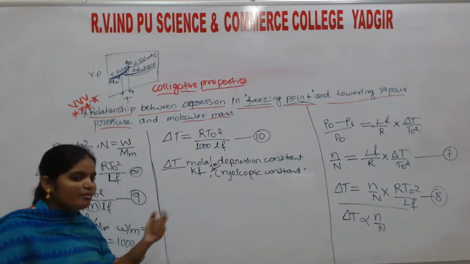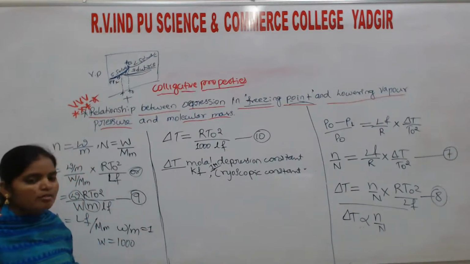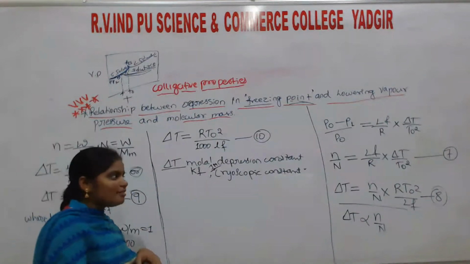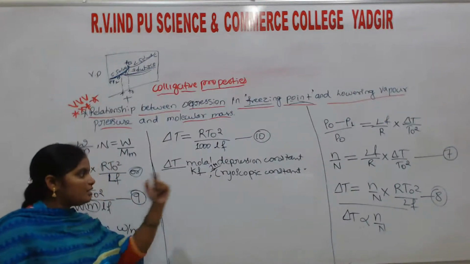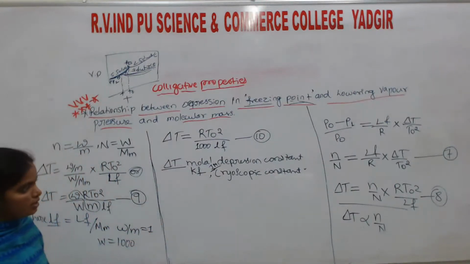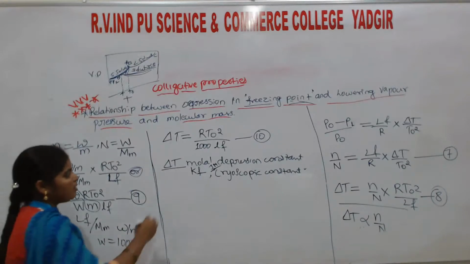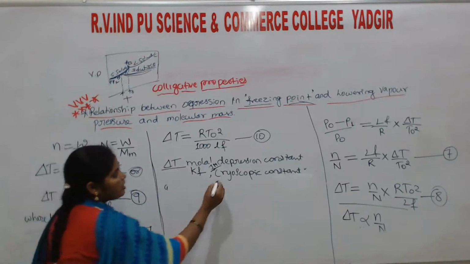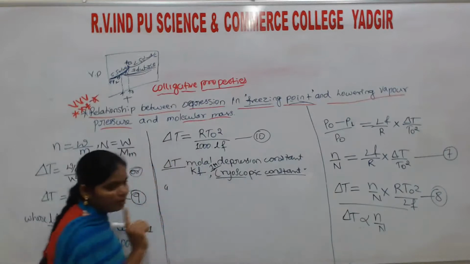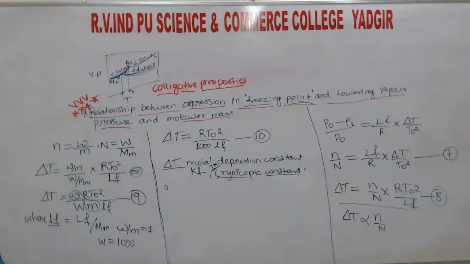In the elevation in the boiling point, it is called the ebullioscopic constant. Here, the cryoscopic constant is defined as the depression in the freezing point. I write here the definition of this cryoscopic constant, very important for a 1 mark question.